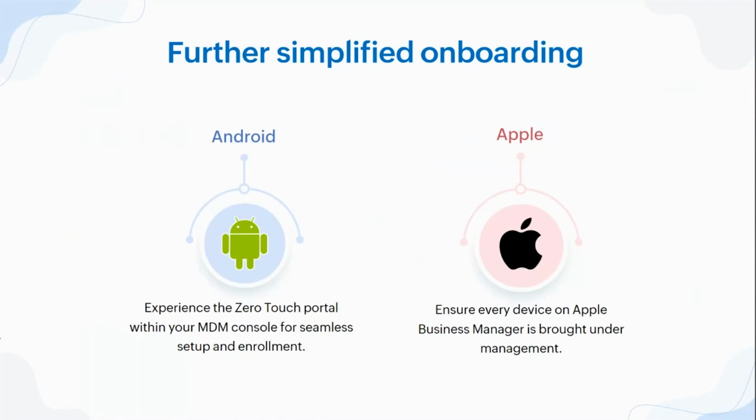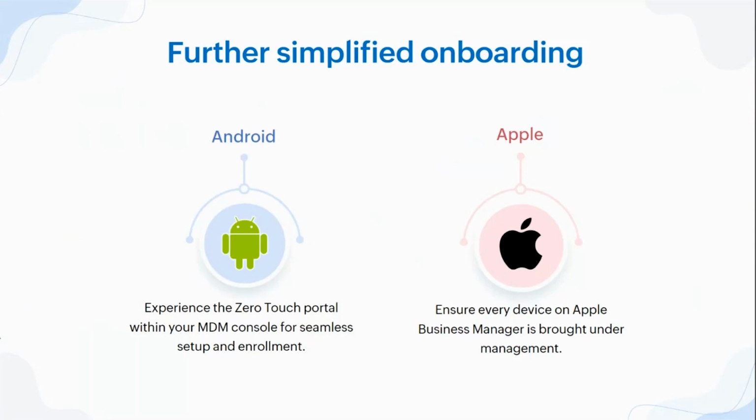We have introduced something for our Apple users as well. A few of our customers managing Apple devices had their purchased devices added to the Apple Business Manager portal by their resellers on a scheduled basis. And in these scenarios, it was difficult for the organizations to ensure the devices are provisioned and work ready before being delivered to employees.